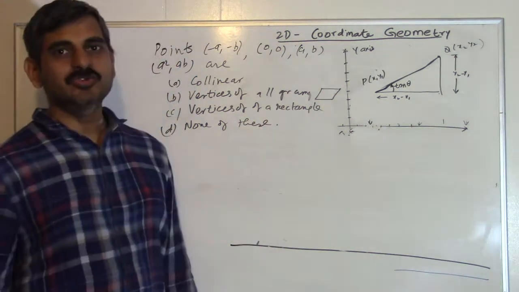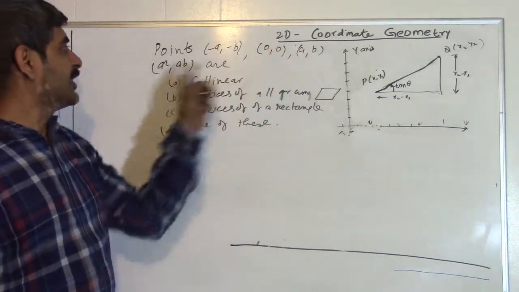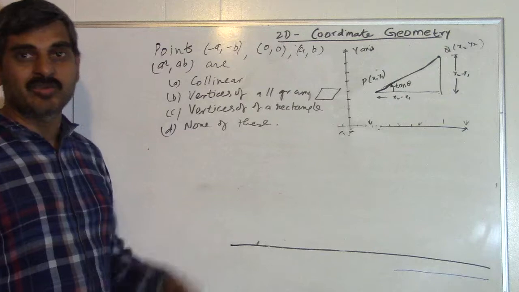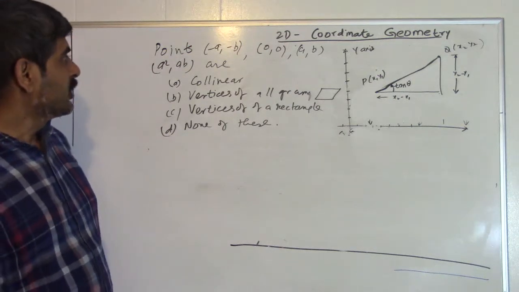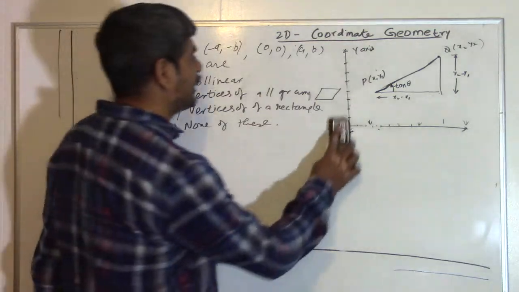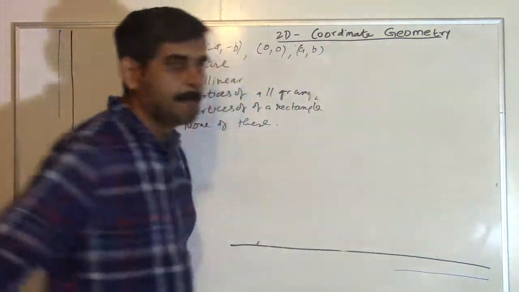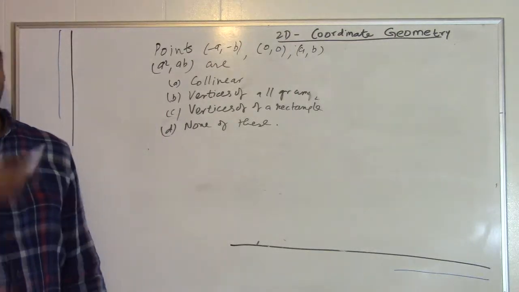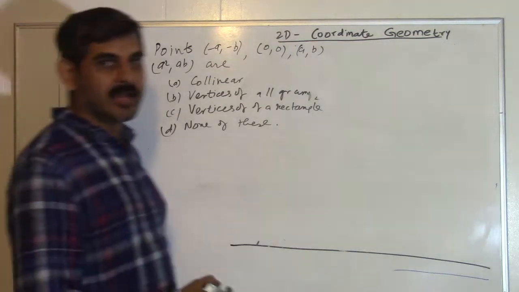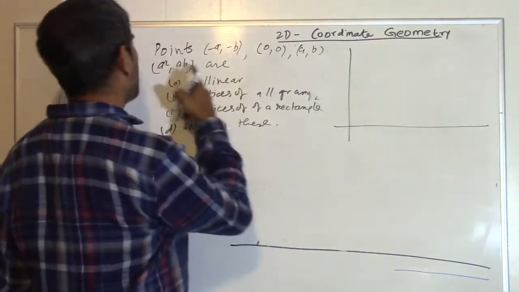There are different ways to solve this problem. One way would be to find the length of each of these sides and then see how it works out. The way I am going to solve it is slightly different, even though we learned a lot about the lengths of the lines. Let's try to get a feel for what is happening.